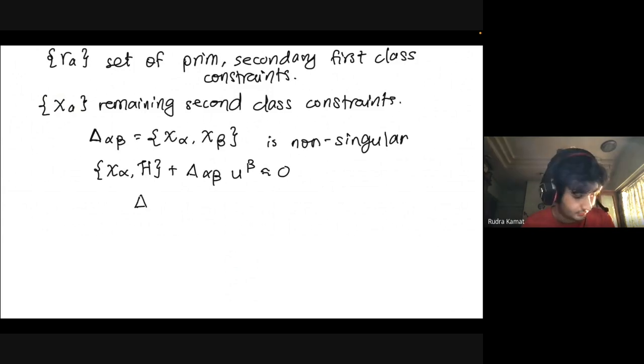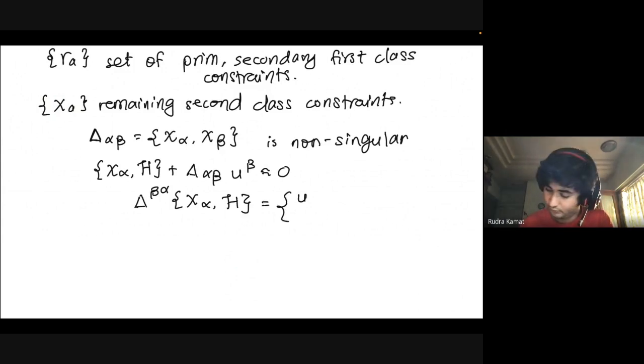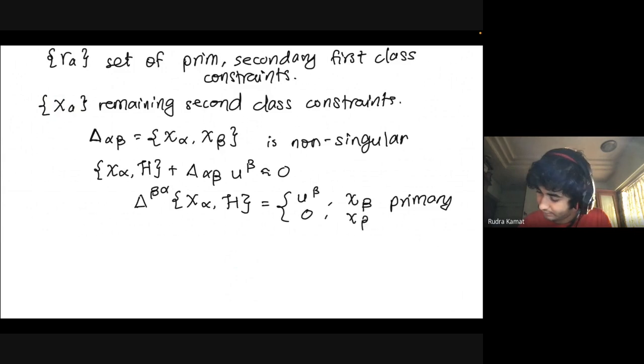Then delta beta alpha, where the raised indices indicate the inverse, as our convention has been, gives u beta if chi beta is primary second class, otherwise zero if chi beta is secondary second class.